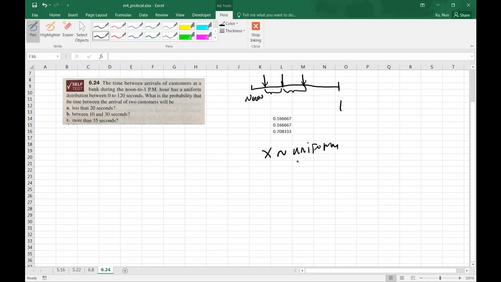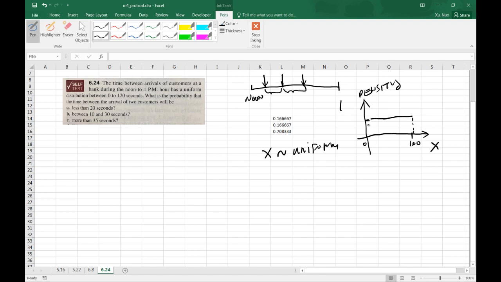So whenever it's a continuous variable, it's always helpful to draw the density function. Again, this is density, it's not probability. This is the variable, so 0 to 120 seconds. 0 here, 120 here. And it says it's uniform. That means the density is a flat line, it's even.